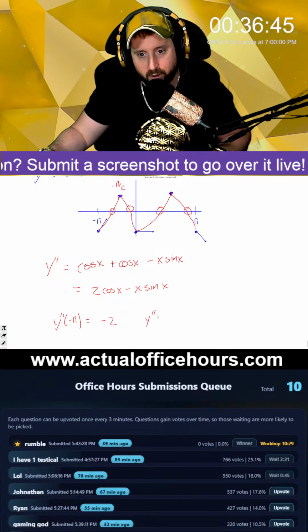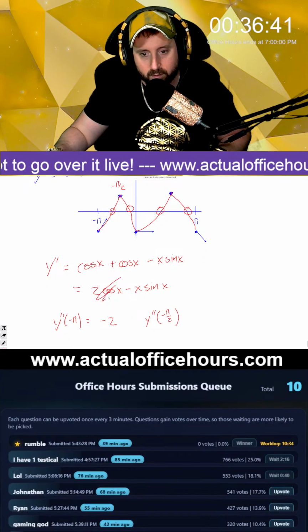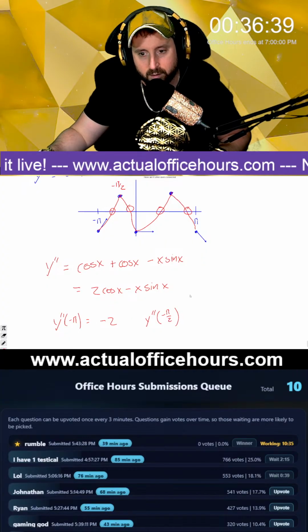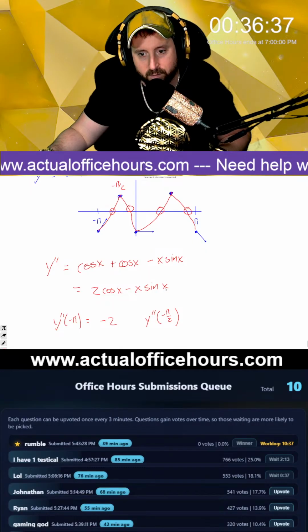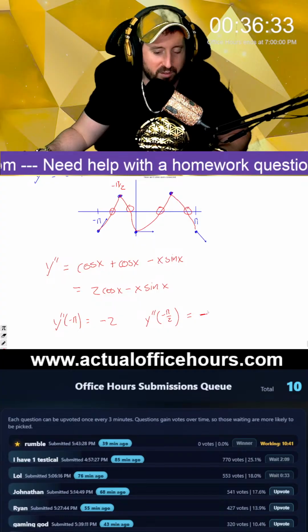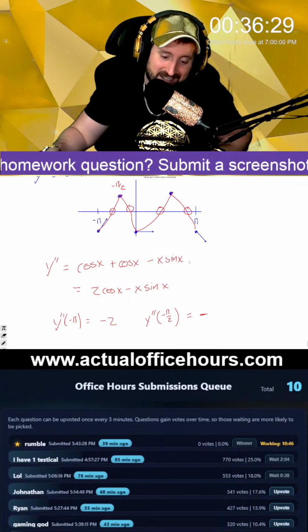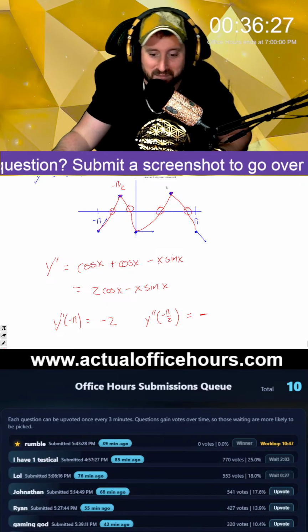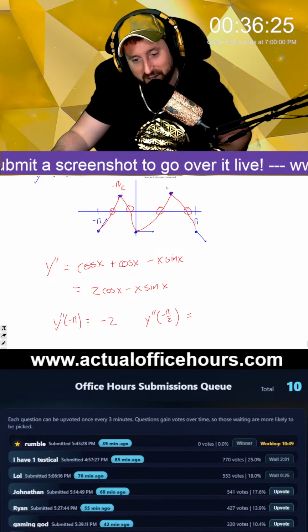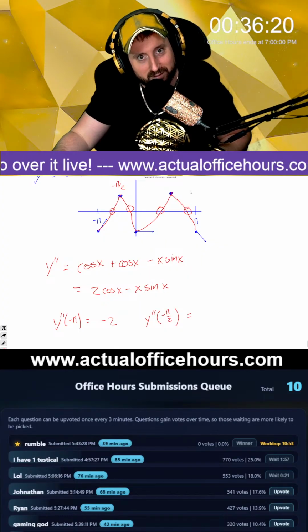And then y double prime of negative pi over 2: this goes away, and that would still be negative. So it's still negative. I don't know, does that show it changed? I feel like maybe that shows that the concavity was always the same.